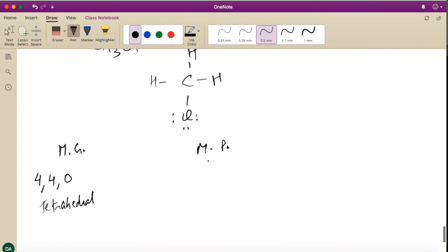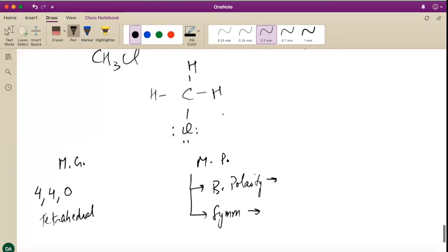Now, if I ask you for molecule polarity, what are the things that you look at? It's the bond polarity, and you also look at the symmetry. So what's your answer for bond polarity? It's going to be C is 2.5 minus H is 2.1.